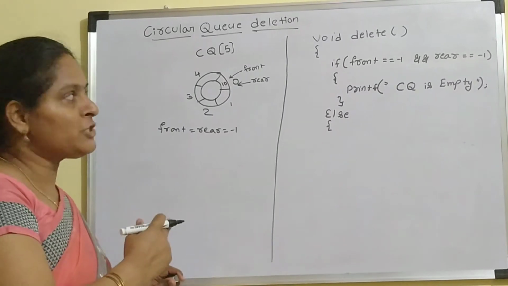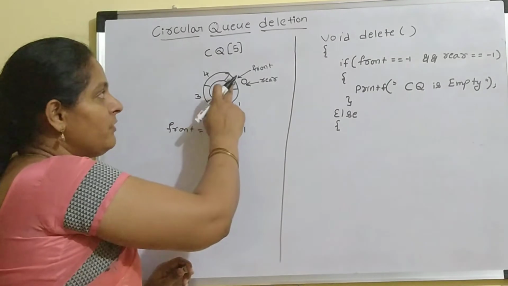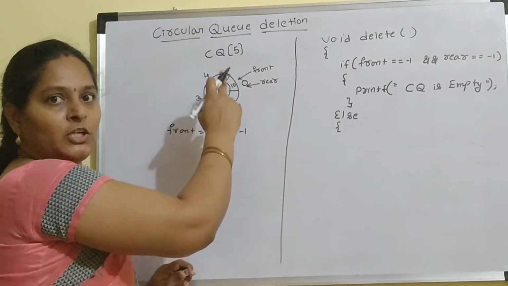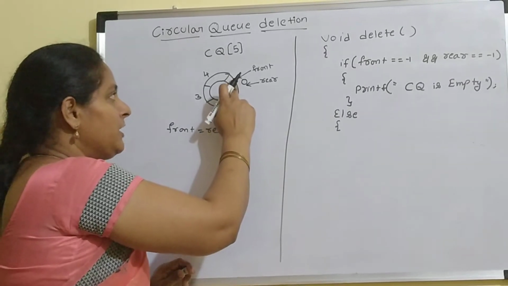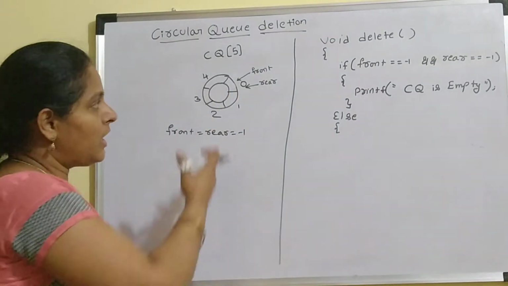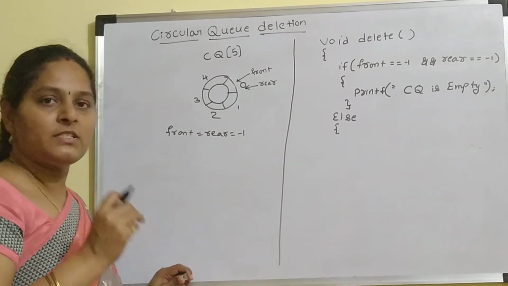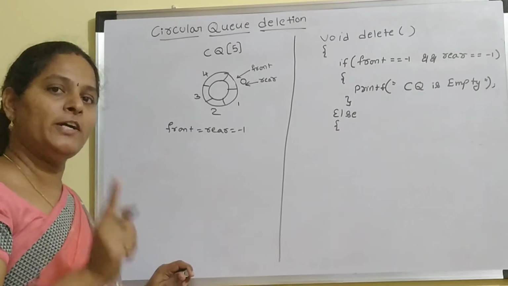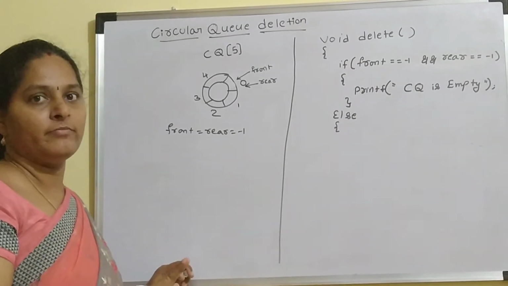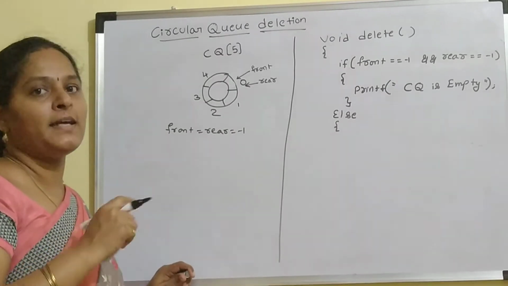Now if you want to delete that element, after deletion of that element, automatically the circular queue becomes empty, right? If you delete that element, the circular queue becomes empty.